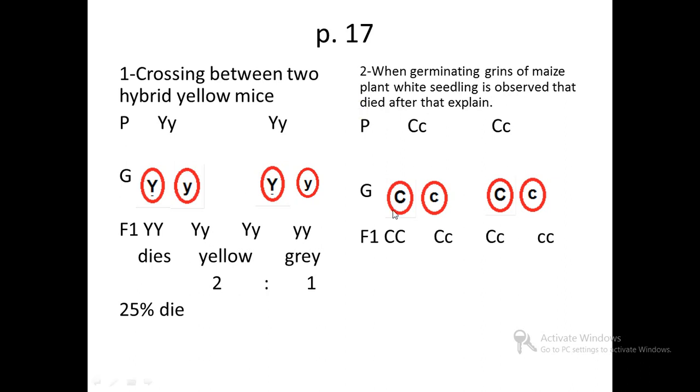The first generation: C capital C capital, C capital C small, C capital C small, C small C small. 3 green and the C small dies. The ratio will be 3 to 0, 1 phenotype, 3 green. Here 2 phenotypes, yellow and gray, 2 to 1; there 3 to 0. 25% die.